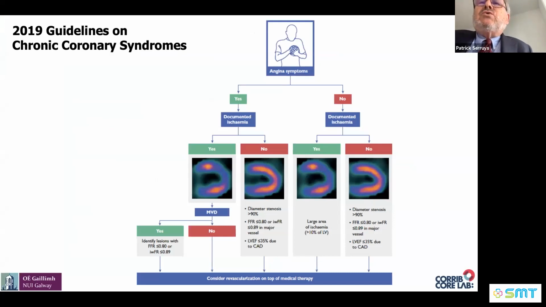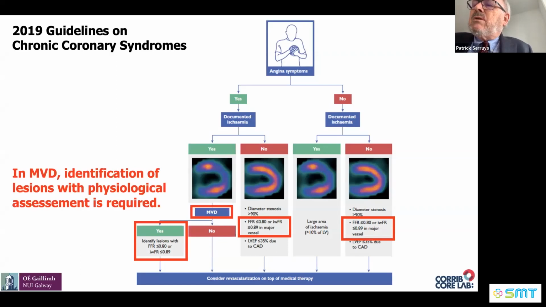So in 2019, the guideline became even more simple. If you have angina symptoms, or if you don't have symptoms, you have, of course, to document the ischemia. And then if the thallium scintigraphy, for instance, is not significant, next, you have to do an FFR or an IFR.